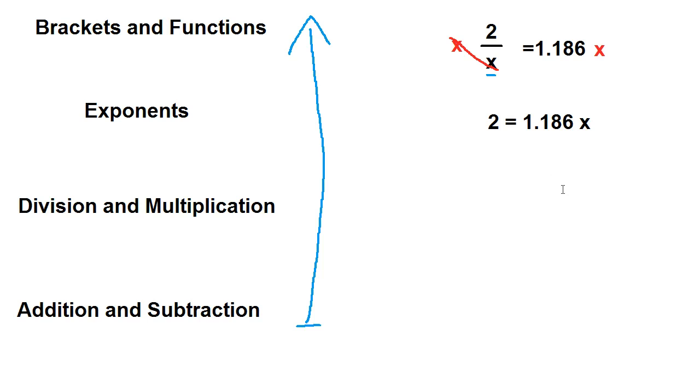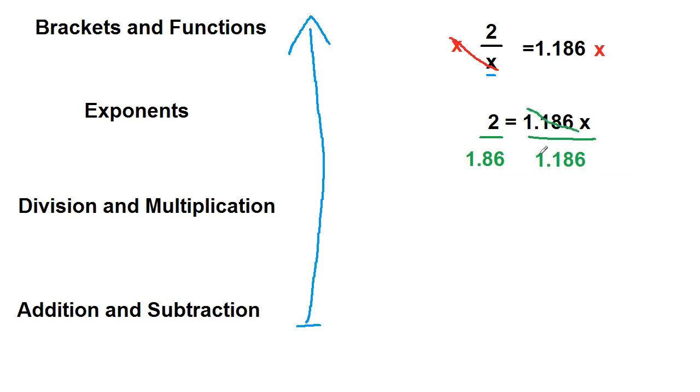And now that we're here, again, our goal is still to get x by itself. So what we're going to want to do is we're going to want to remove the coefficient that is with x. So we're going to want to take each side, and we're going to want to divide the entire sides by 1.86. Just like before, it's the only operation for us to get rid of.